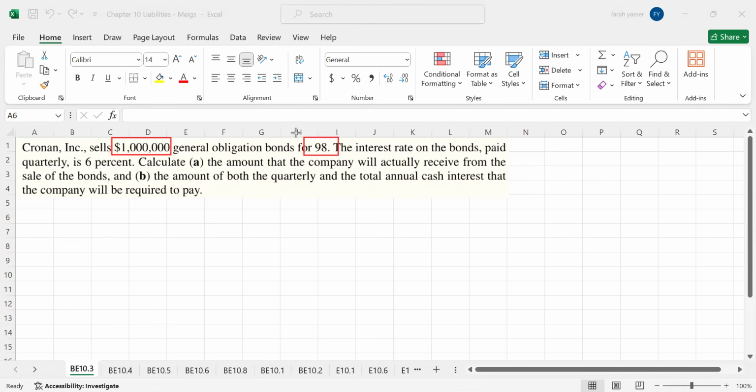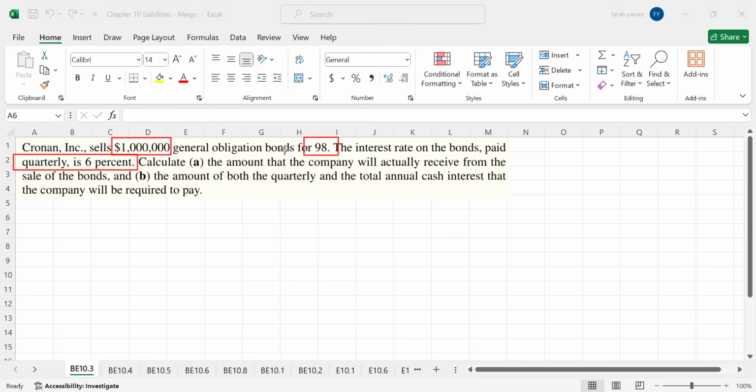So the bonds are issued at a discount. The interest rate on bonds, paid quarterly, is 6%. The company is paying a 6% interest rate.